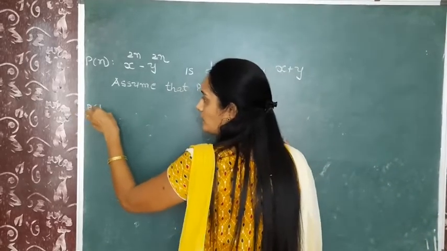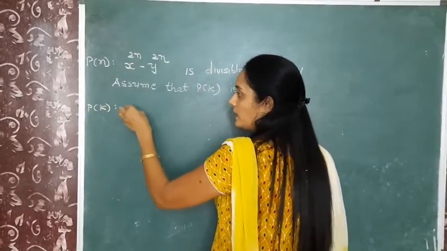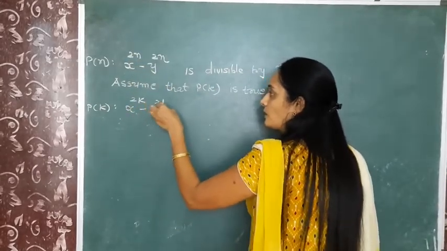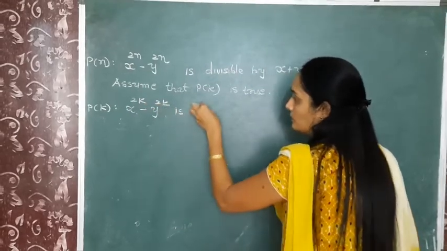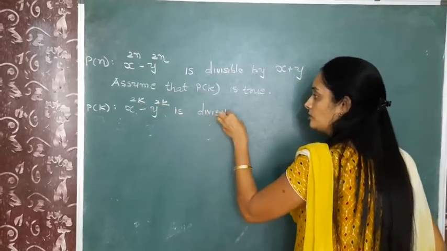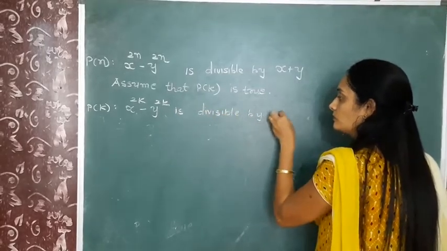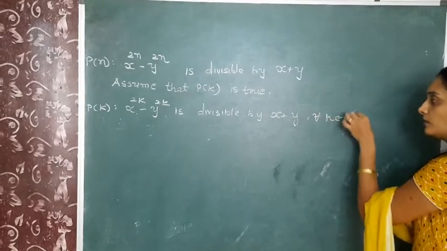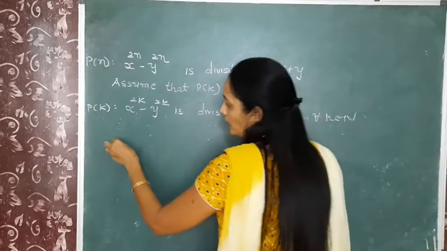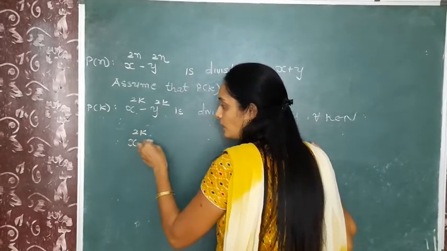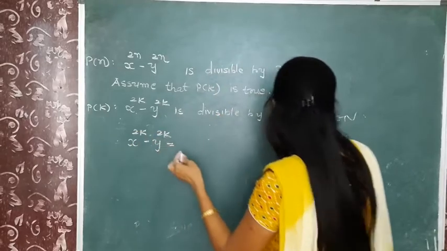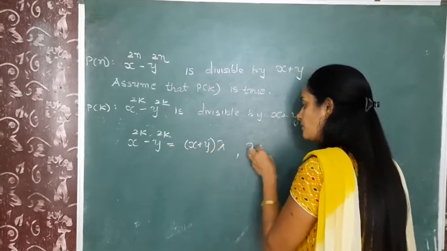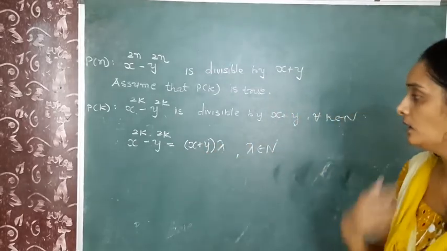So we can write statement P of k: x raised to 2k minus y raised to 2k is divisible by x plus y for every natural number. And therefore, rewrite x raised to 2k minus y raised to 2k is equal to x plus y into lambda, where lambda belongs to N. That means lambda is any natural number.